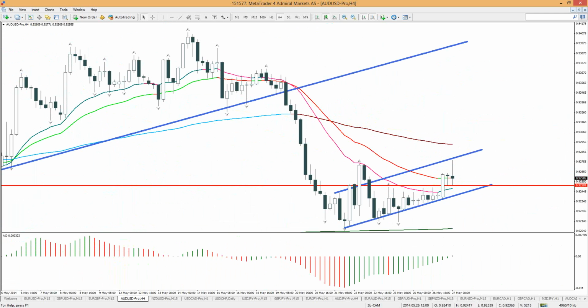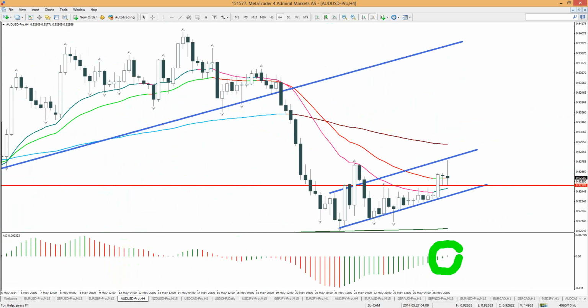Also, from this 4-hour perspective, the AO is back to the zero line. So any dip down will probably bounce and then probably continue. And we'll see this AO probably go lower.